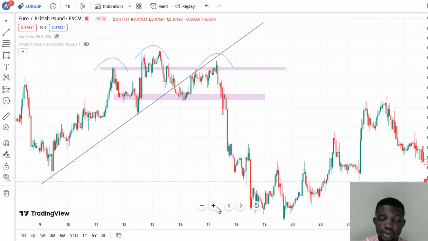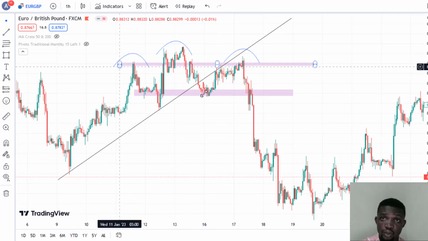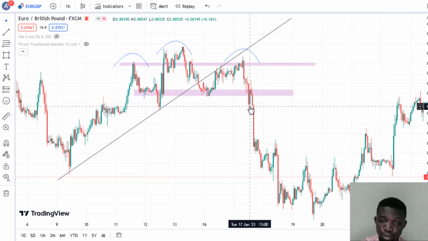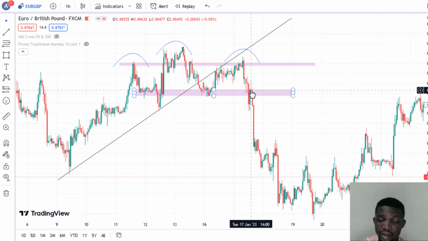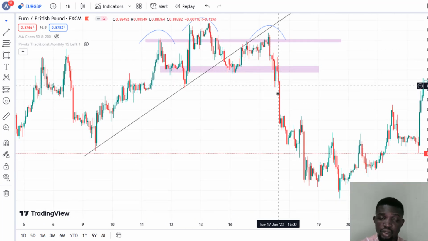Now, I said something before: it's best to wait for a retest of the neckline. Now you see the red bearish candlestick breaking this neckline, then a bullish candlestick forming the retest of the neckline before I have the hammer pin bar here, and we have the bearish candlestick to the downside.